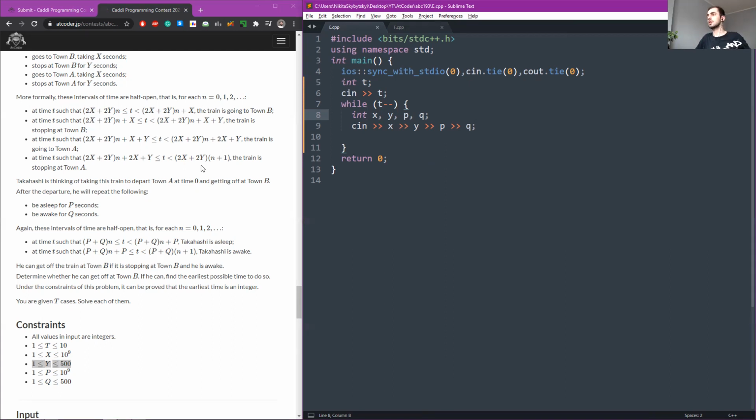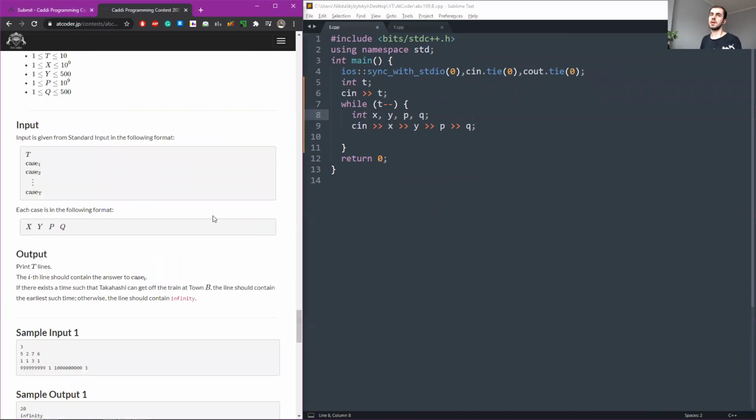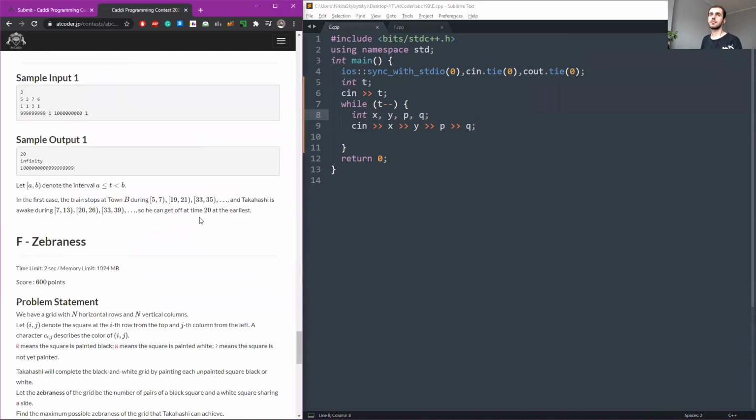And if we don't, the question is how fast the simulation is going to work. It's not clear based on the constraints. Maybe I should read F because it's just not my kind of problem really.